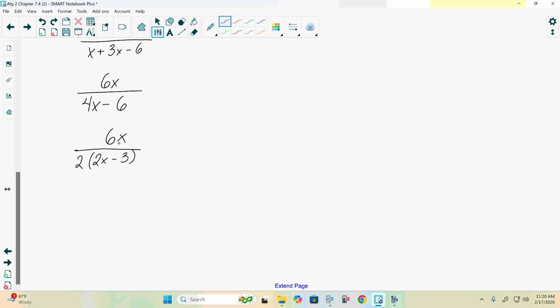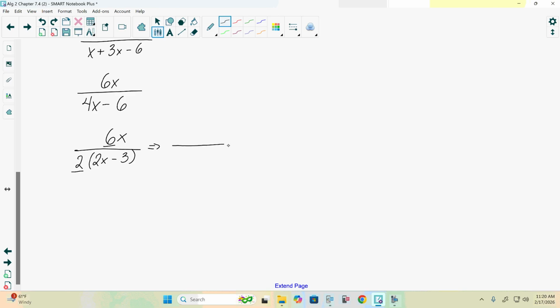Now, factoring the top and bottom, even if nothing reduces, we're going to need to do it just in case something would. Because now on bottom, we have two things being multiplied together. We have the 2 times our 2x minus 3. On top, we have the 6 and x. Since there is a product on top, this 6 over 2 is going to reduce.